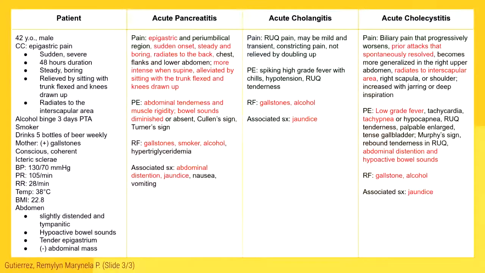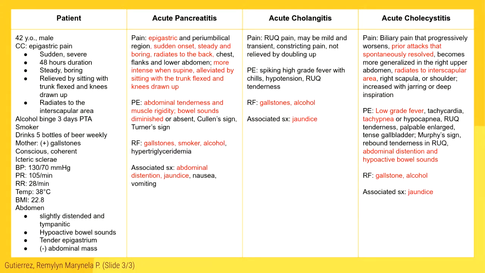Gallbladder pain po in general. Cholecystitis, gallbladder pain din. When we say biliary colic, it denotes presence of stones, di ba? Okay, yes. So what is now the association of stone and acute cholecystitis? The patient showed jaundice and also had risk factors such as gallstones from the mother's side.